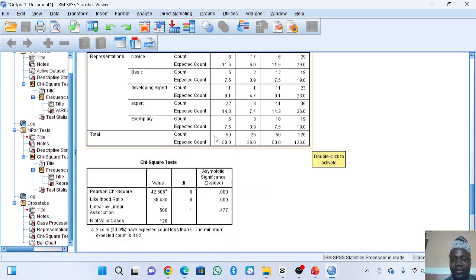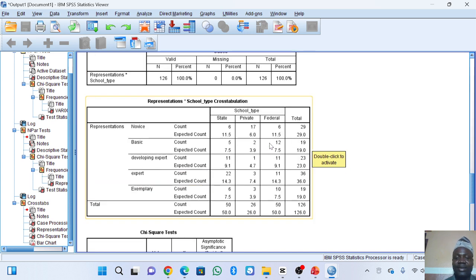So we have the distribution for state and federal, the expected, but here we've seen the real one. So this is independent chi-square, in relation to state and federal.